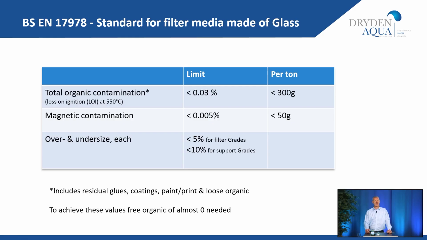It also measures the magnetic contamination, and for these metals, it's a limit of up to 50 grams. But this is the really interesting one, and quite sophisticated equipment is required to measure this. And this is the over and undersize of each of the grades that we produce, so grade 1, grade 2, and grade 3. So for the filtering grades, grade 1 has a tolerance of 5%.